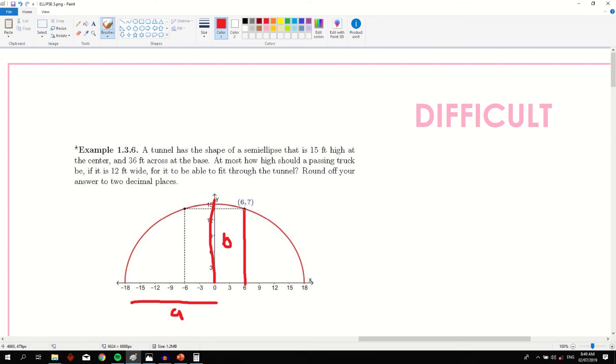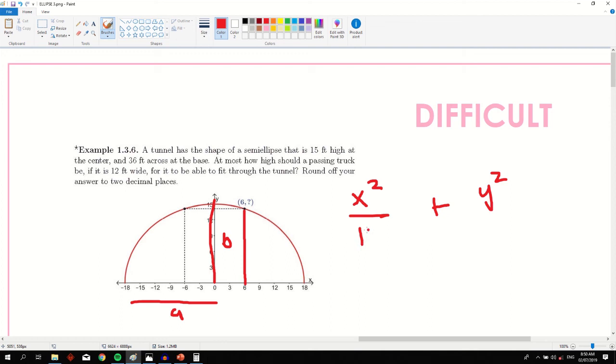Now we need this one, we just need that one. Okay, how high should that be? To solve that, it's not that difficult, you just need to get the standard equation. The standard equation here, we all know that it comes from the origin, so just x squared over, what's the a?